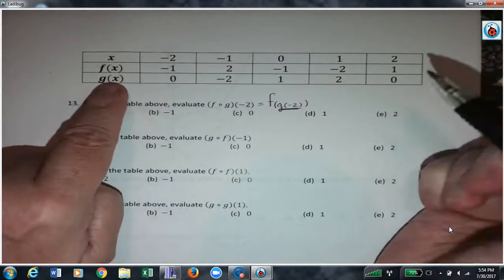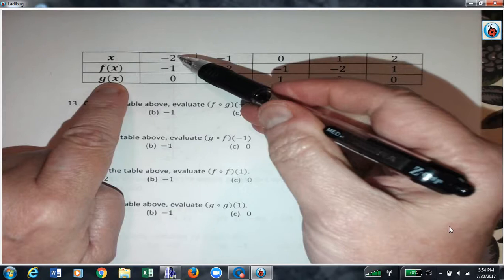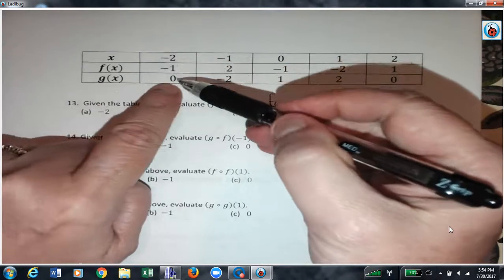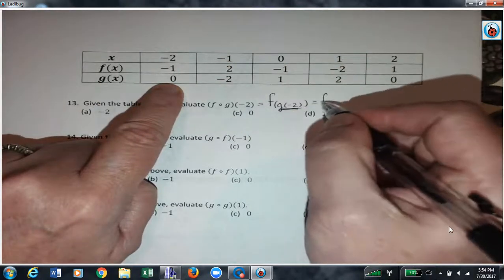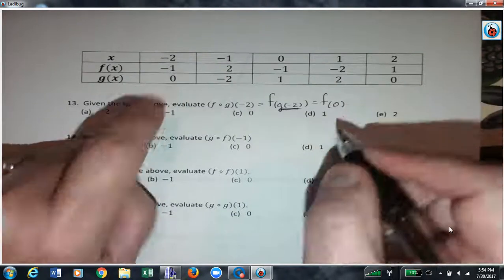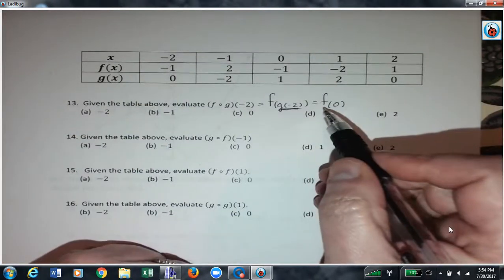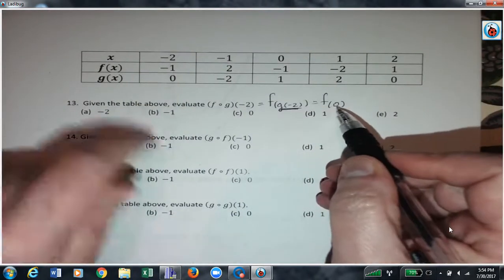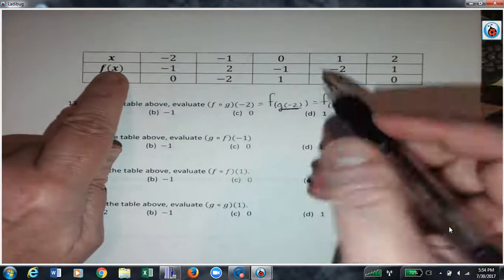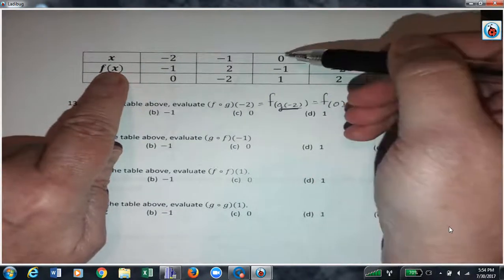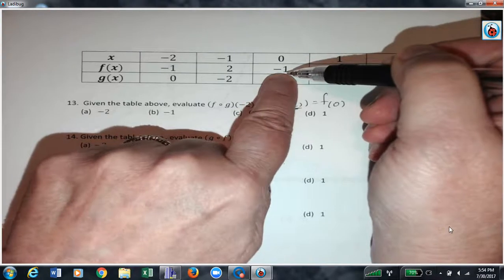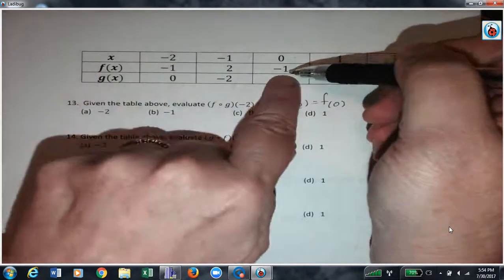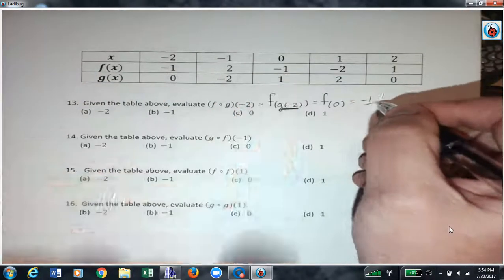I get g, and I find -2, and so g evaluated at -2 is 0. So I'm replacing what's underlined with 0. Now to get the answer, what is f evaluated at 0? I get f, and my x value is 0, and these match up at -1. F evaluated at 0 is equal to -1, and so that's my answer.